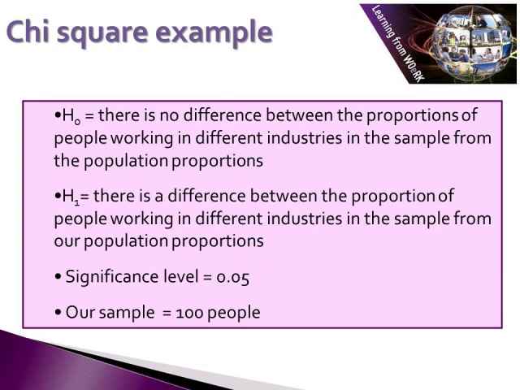Our null hypothesis is that there's no difference. Our alternative hypothesis is that there is a difference. We set the significance level at 0.05, so that's a 5% level, and we have a sample of 100, so we went and surveyed 100 people to find out what industry they work in.